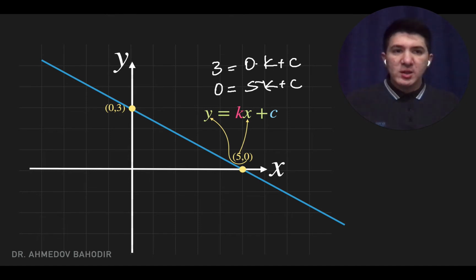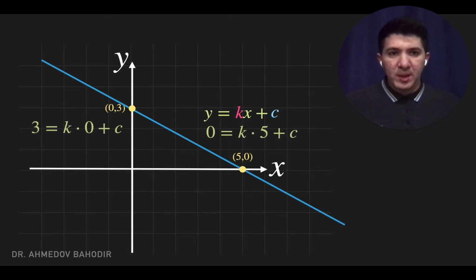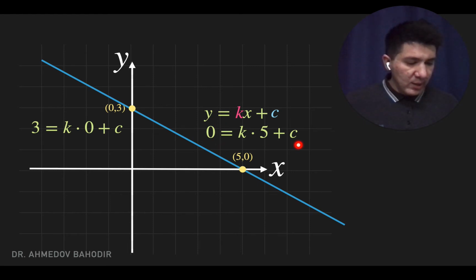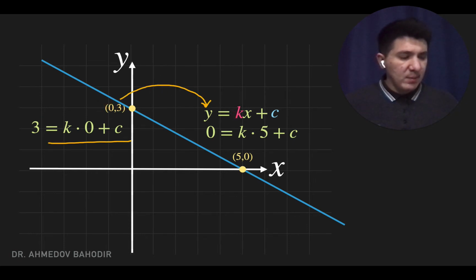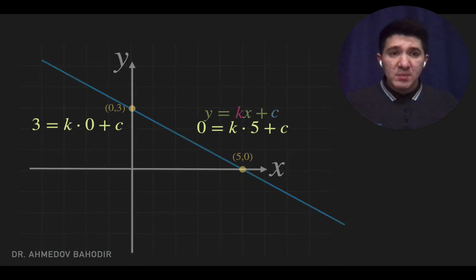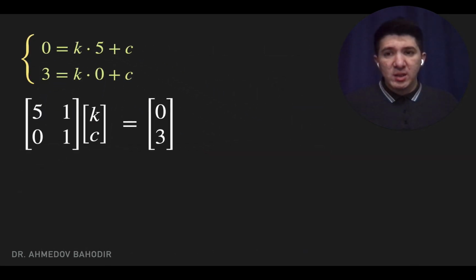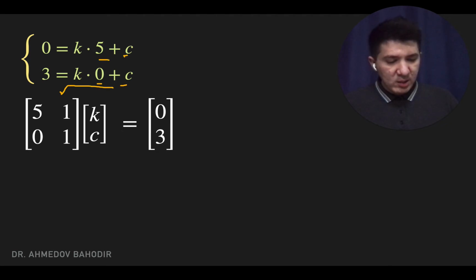So it is going to be a system of linear equations with 2 equations and 2 unknowns, k and c, and we can find them by solving the system. If I substitute the first point, I get the first equation like this, and if I substitute the coordinates of the second point, I get the second equation. I would like to solve the system using a matrix equation. I'm just going to copy the coefficients before k and c into this matrix, which I'm going to call the A matrix.